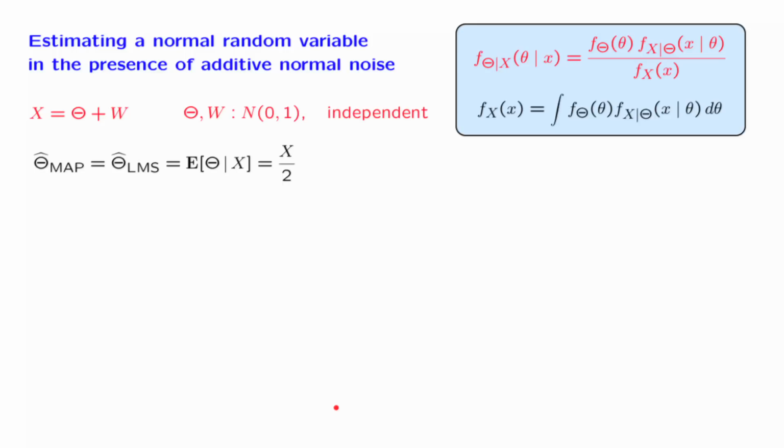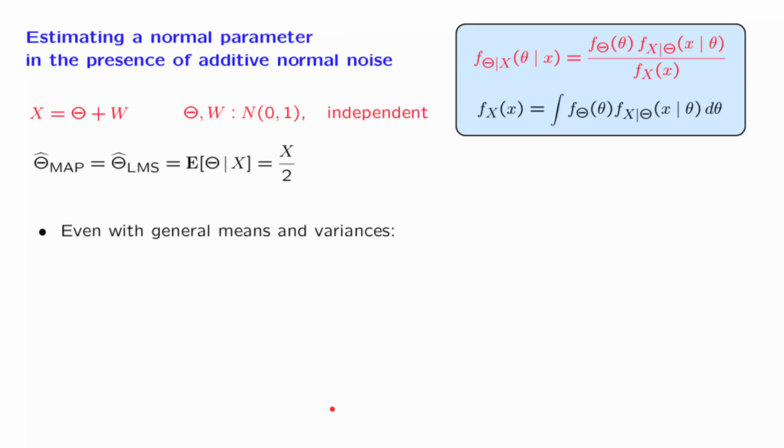How special is this example? It turns out that the same structure of the solution shows up even if we assume that theta and W are independent normal random variables, but with some general means and variances. You should be able to verify on your own by repeating the calculations that we just carried out that the posterior distribution of theta will still be normal. And since it is normal, the peak of the distribution is the same as the expected value.